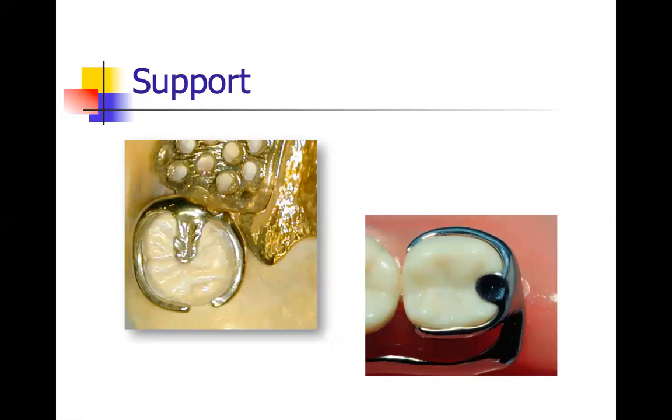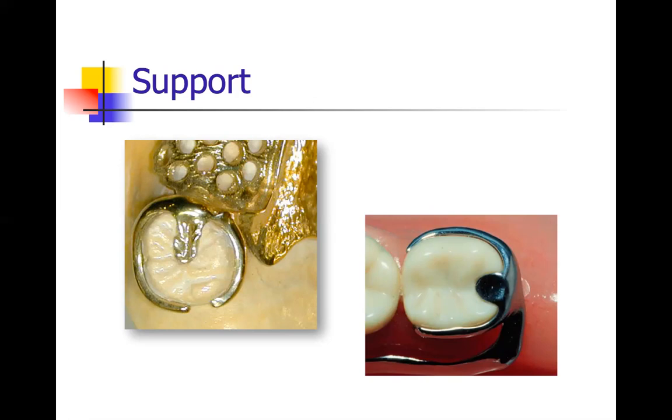The third property of properly designed clasp is support. Support is the quality of a clasp assembly that resists displacement of prosthesis in an apical direction. Occlusal rest provides support.